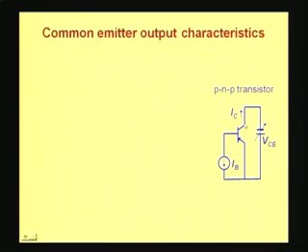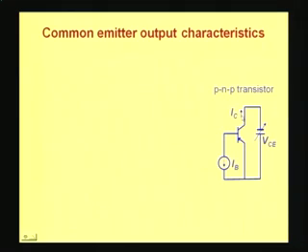Now this collector side is referred to as the output side and the base side, that is this side, is referred to as the input side. So when we talk of output characteristics, we are really plotting the collector current as a function of the collector to emitter voltage, which is varied.